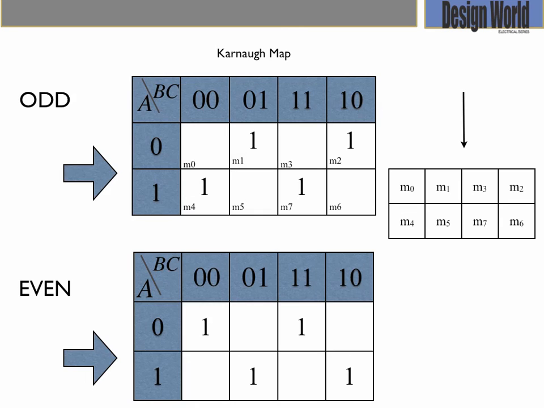The difference in the even and odd functions is where the 1 terms are. For the even function, the one terms are located with an even number of ones in the rows and columns. Similarly, for the odd function, the one terms are located where there is an odd number of ones in the rows and columns.